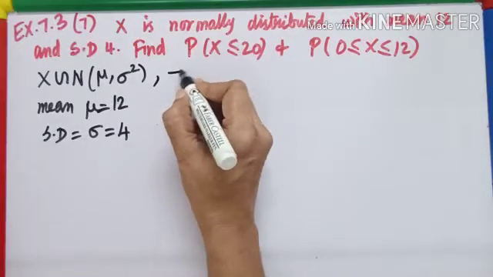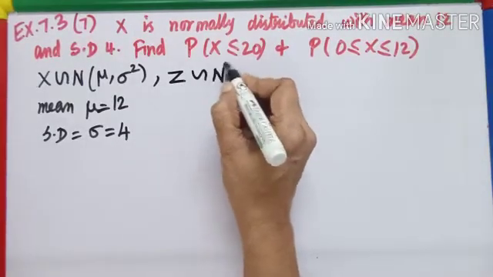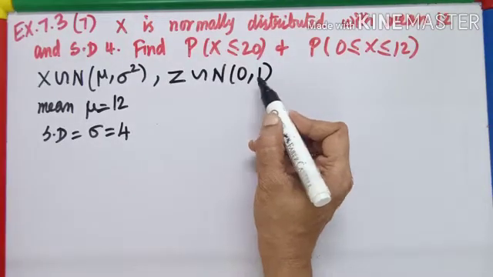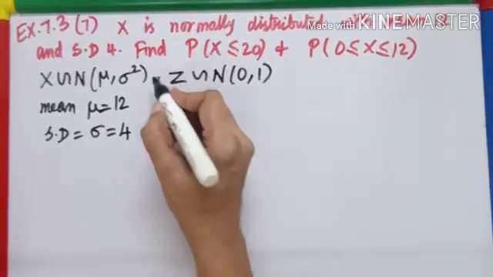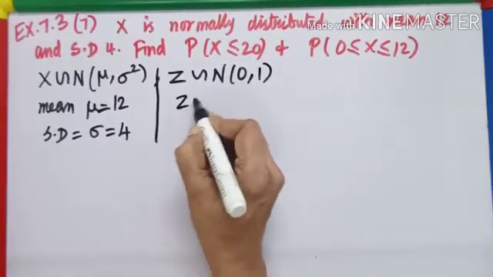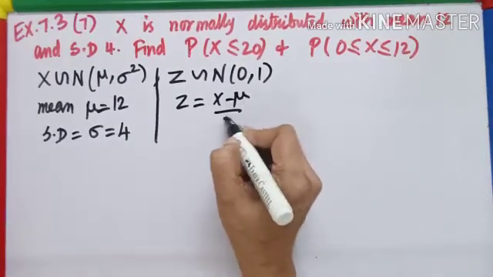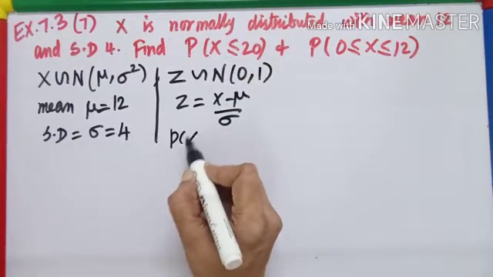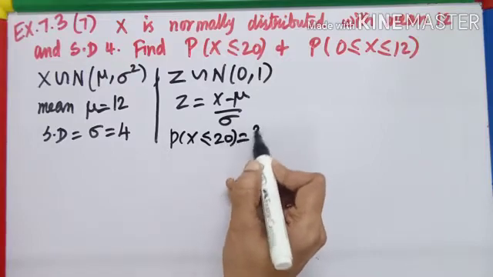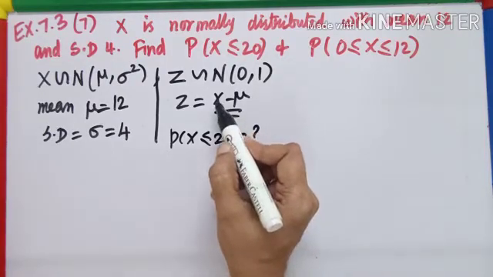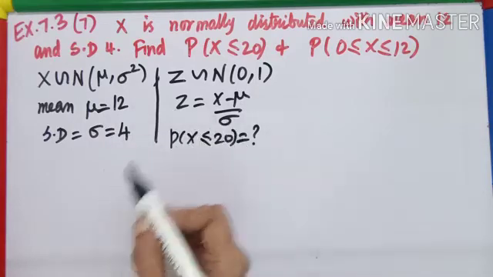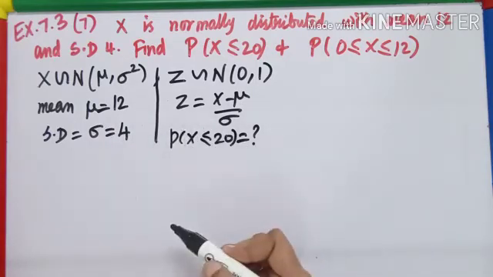Once I know these two, immediately we write Z follows standard normal distribution with parameters mu 0 and sigma 1. What is the formula for Z? Z equals x minus mu by sigma. What is the question here? P of x less than or equal to 20. In the place of x, put 20. Mu is 12, sigma is 4. Find the corresponding z value.